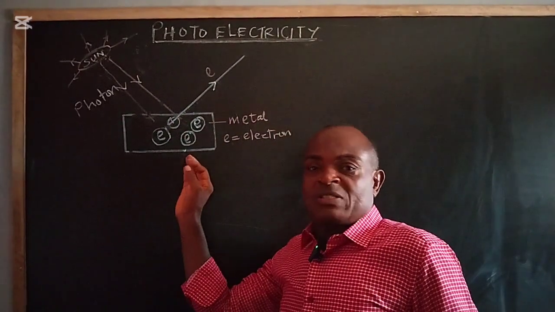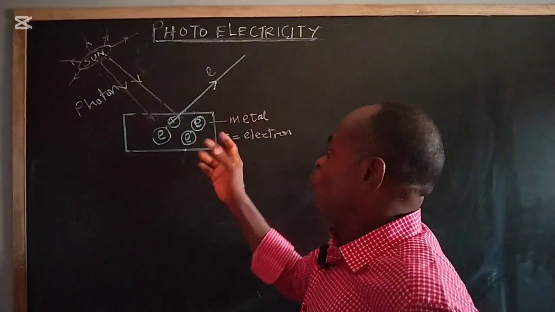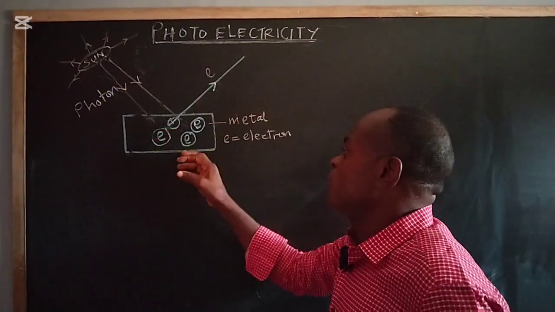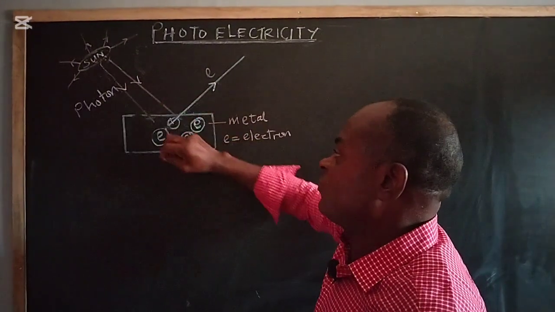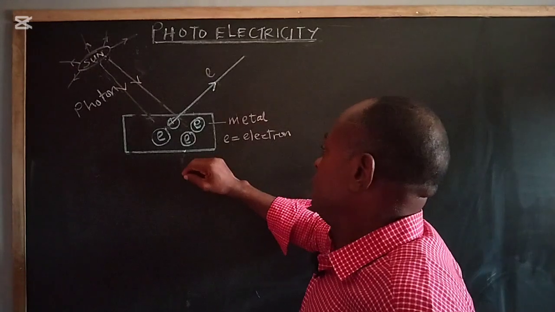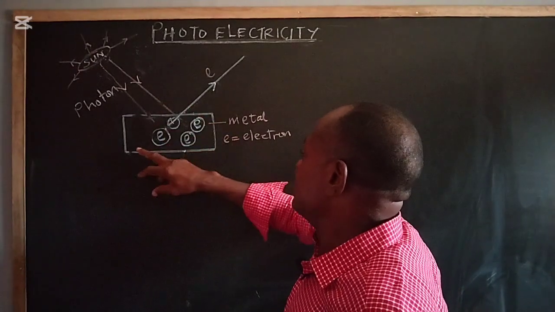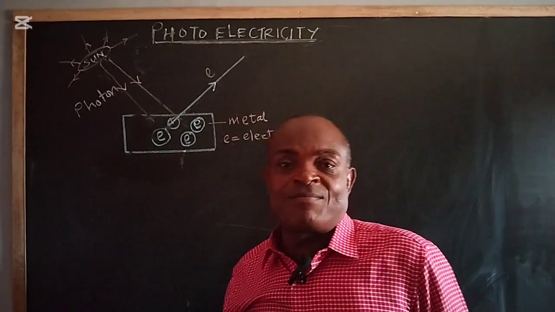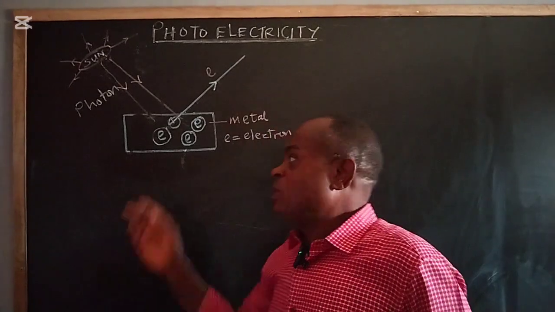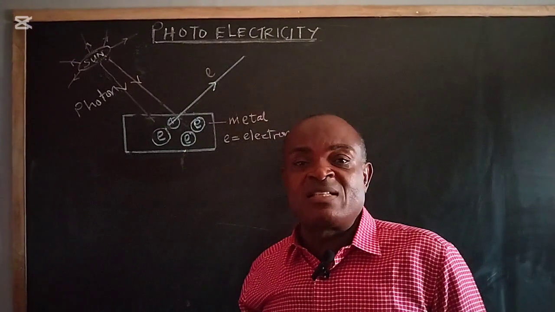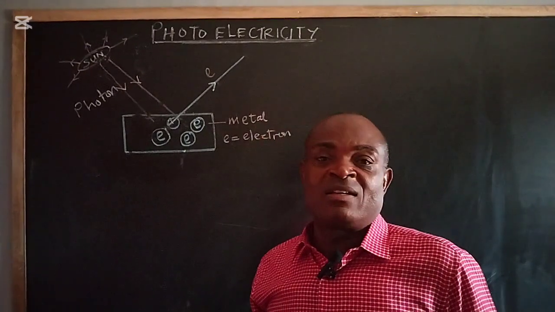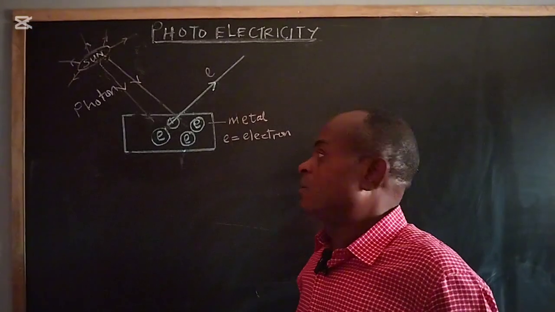Now, what happens is that when conductors are exposed to this radiation from the sun, the mobile electrons on those conductors, especially when the conductors have become heated, are prone to ejection.